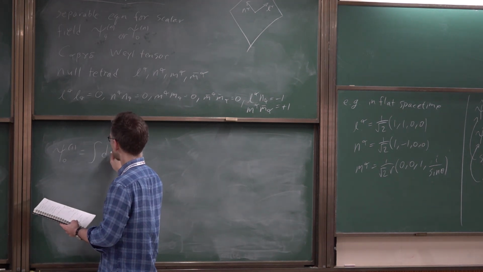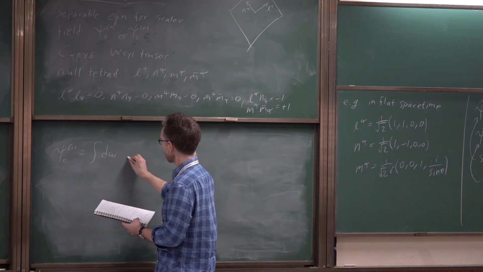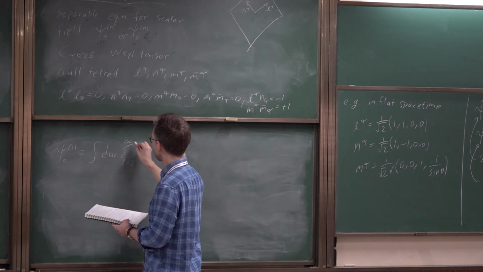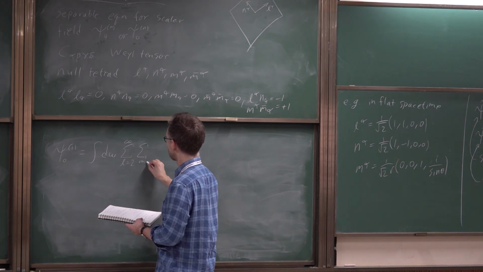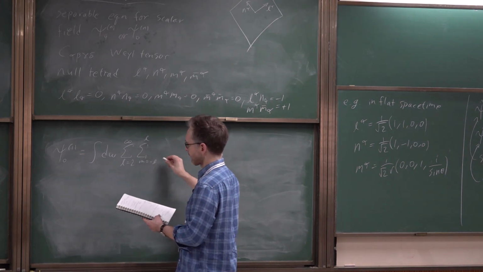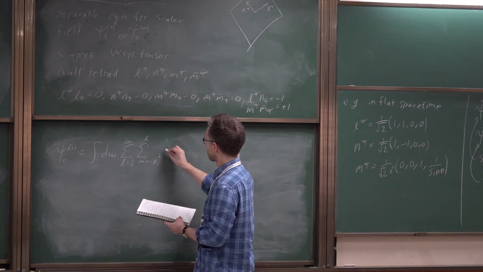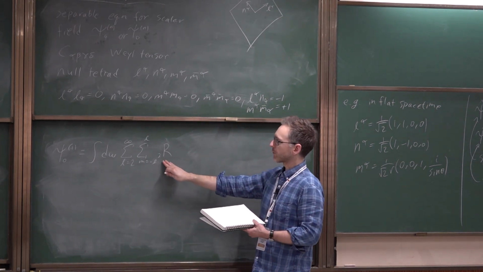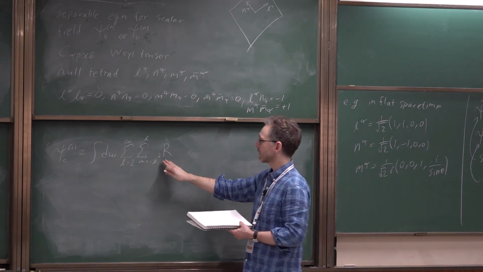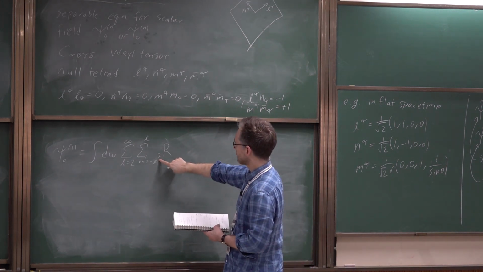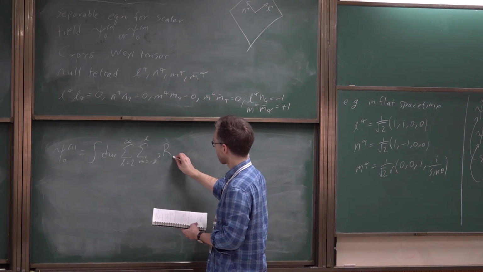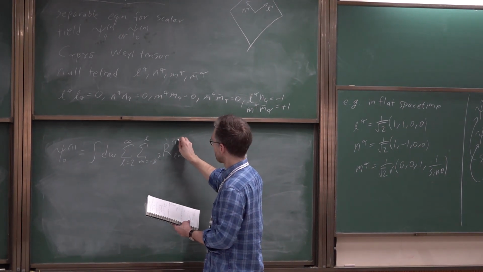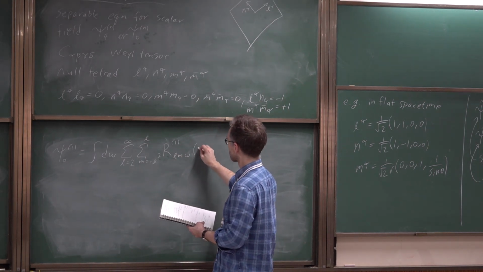We have a Fourier transform, and a sum over l and m. Typically, the radial coefficients that are just functions of r are written with the spin weight there, and they're written as capital R, and they depend on l, m, and omega. So these are just functions of r.